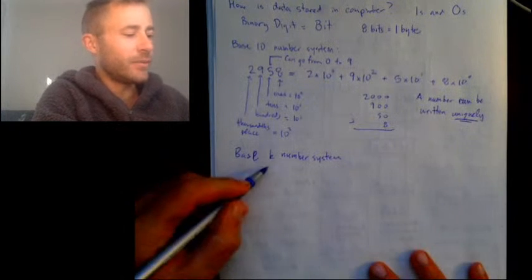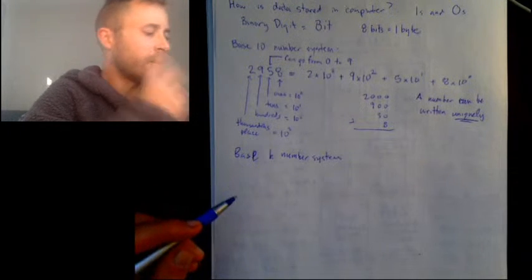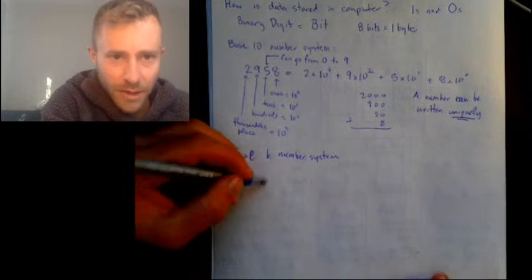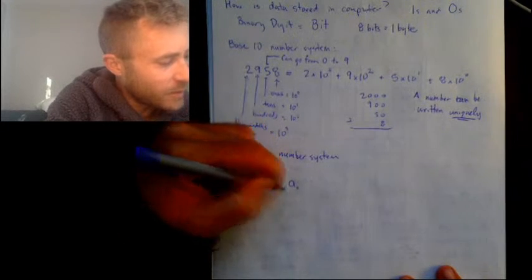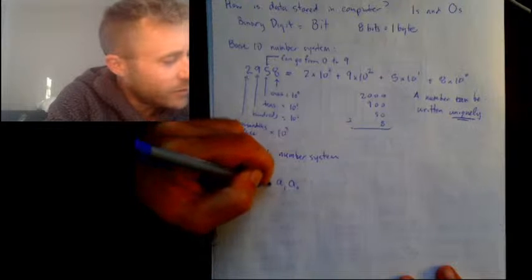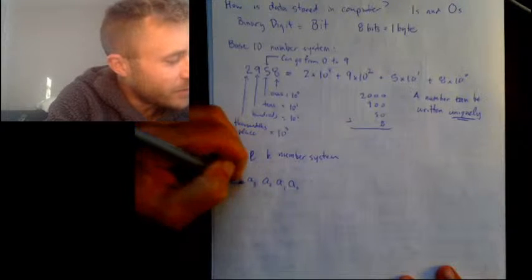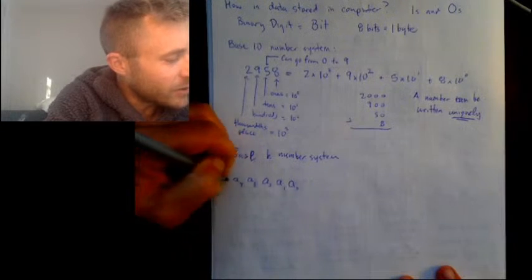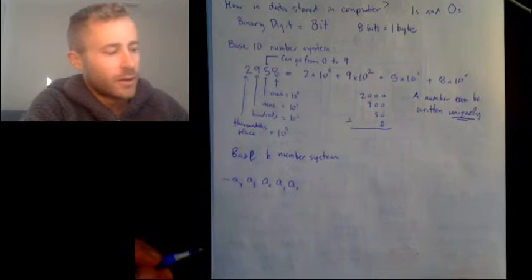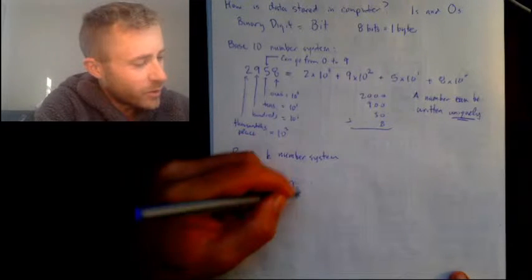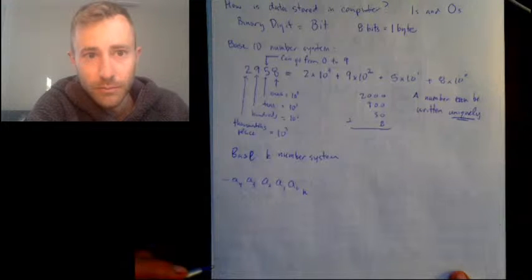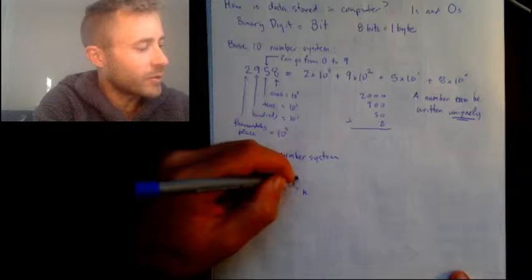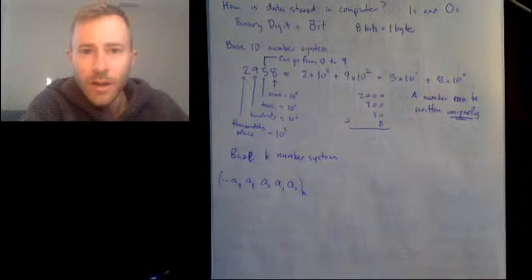Let's say A0, A1, A2, A3, A4, dot, dot, dot. Okay? And then we'll put a subscript k behind it to indicate the base of the number. Maybe we can put it all in parentheses.